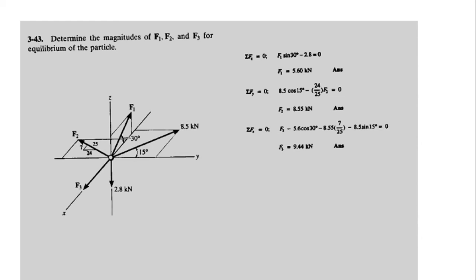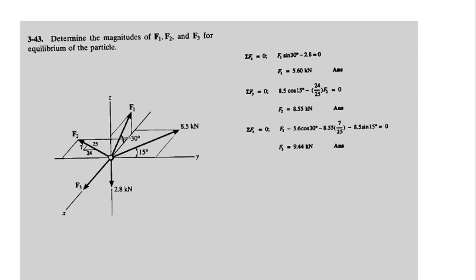So first of all, you will apply sigma Fz equals 0. If you apply that, you will get F1 sine 30, and the other one is the vertical force from the origin, which is 2.8 kilonewton, but it is minus, so it is minus 2.8 kilonewton. So F1 comes out to be equal to 5.60 kilonewton.